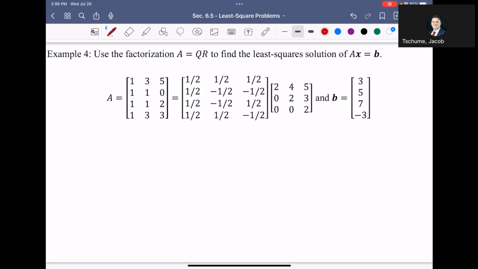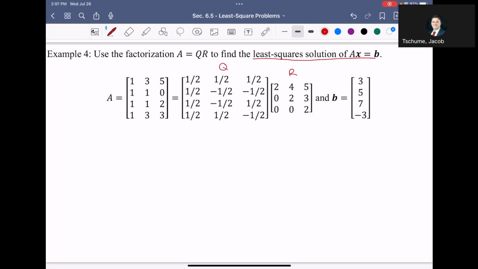So in this case, A is a 4 by 3 matrix, and you can see that I have already broken it down into the QR factorization for you. Your job is to find a least squares solution of AX equals B. Now, the first thing I notice is that R is a 3 by 3 matrix, and why, yes, that doesn't seem too hard to find the inverse of it.